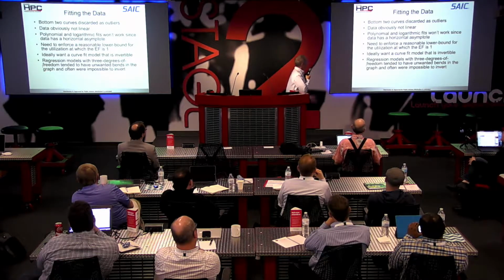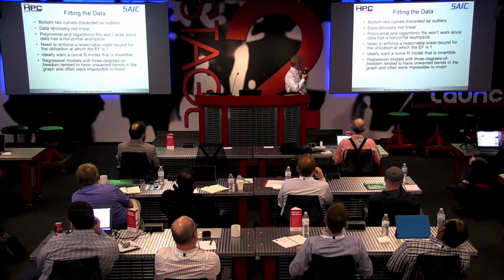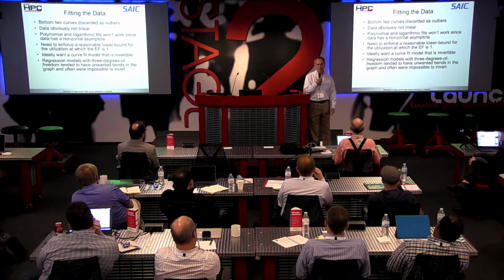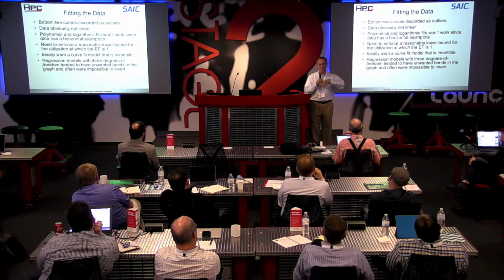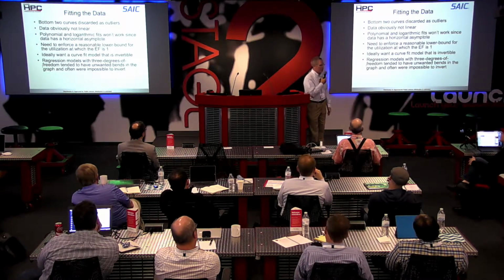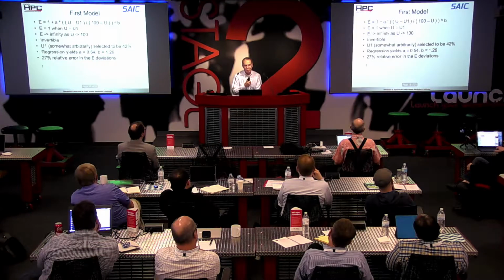And we need to enforce some sort of reasonable lower bound for the utilization at which the expansion factor is 1. And ideally, we want a curve fit model that's invertible. That's fancy mathematical language that if I've got U as a function of F, it means I can back it out so that we get the reverse of it, so that E is a function of U. So that's the first model.